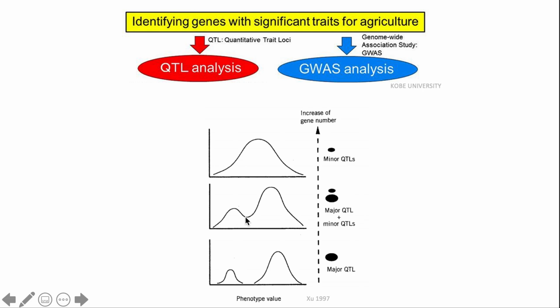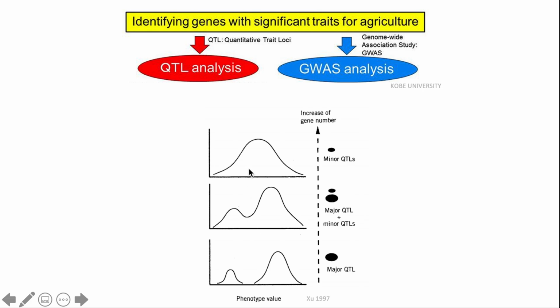You can see here that the difference is not as evident as in the first scenario, because we have minor QTLs that control some of the variation in the data. That is why we have a continuous distribution here. There are not completely different phenotypes, because we have a combination of several minor QTLs.